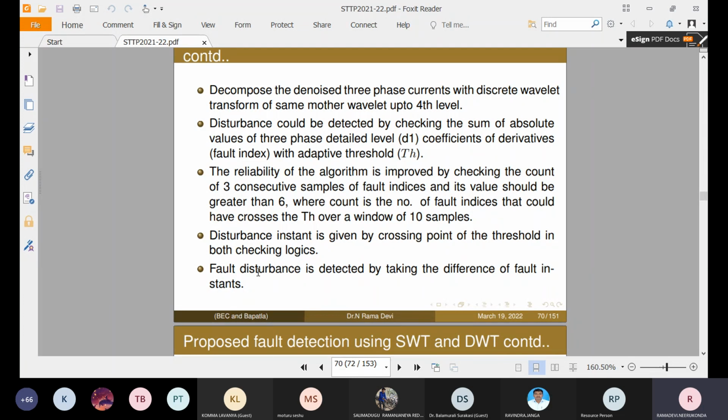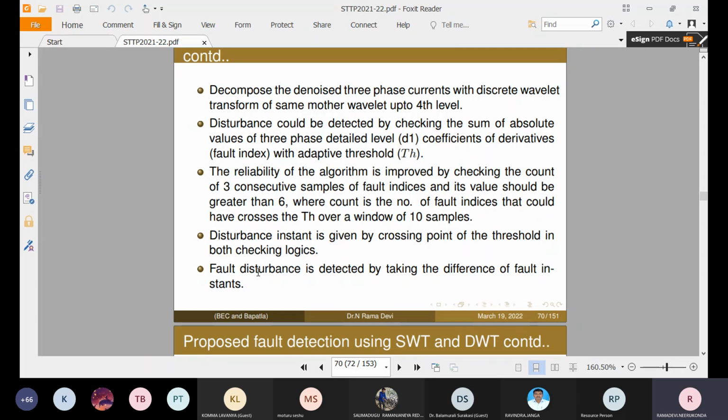So according to the operating condition, the threshold values change. For every moving window, we compute the adaptive threshold value, and compare the fault index with it. So as the operating condition changes, the threshold value also changes. That's why we call it the adaptive threshold value.